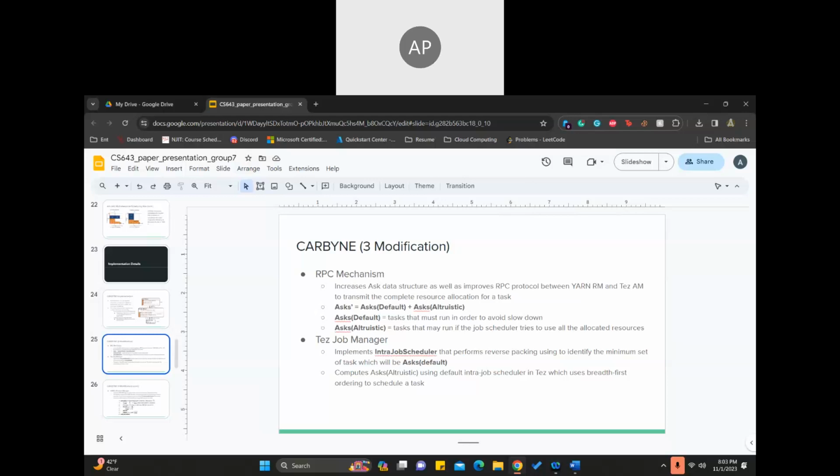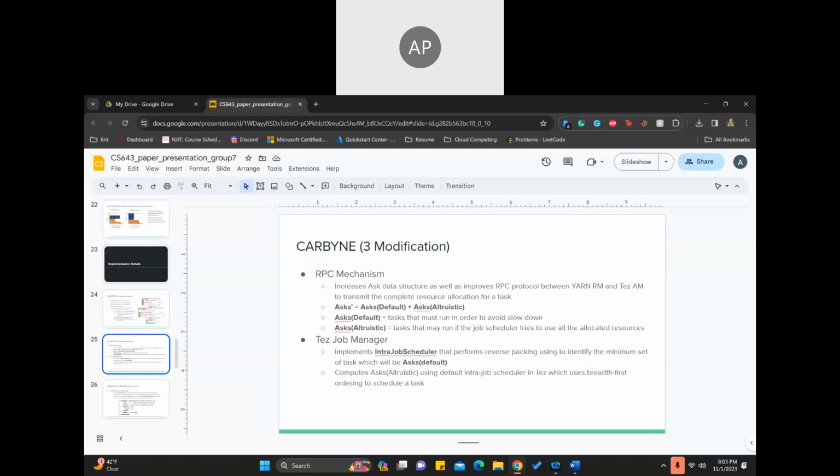Ask default are tasks that must run in order to avoid slowdowns. And ask altruistic are tasks that may run if the job scheduler tries to use all the allocated resources.